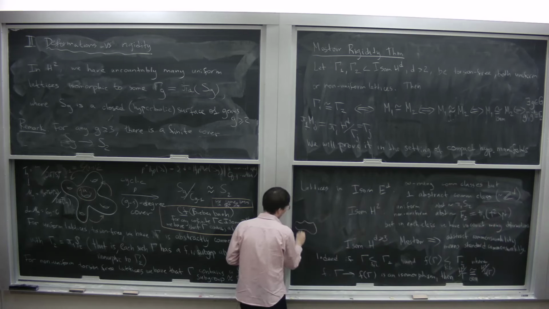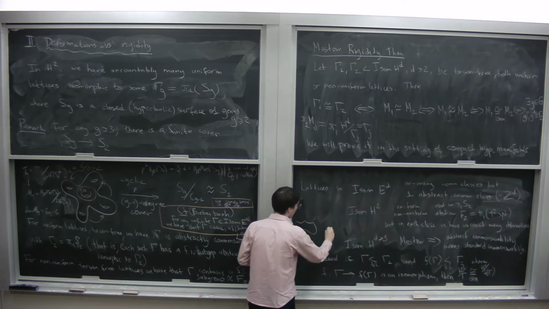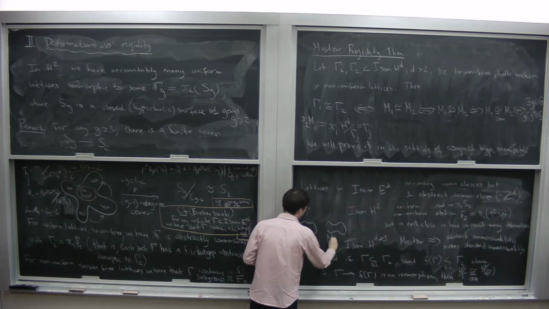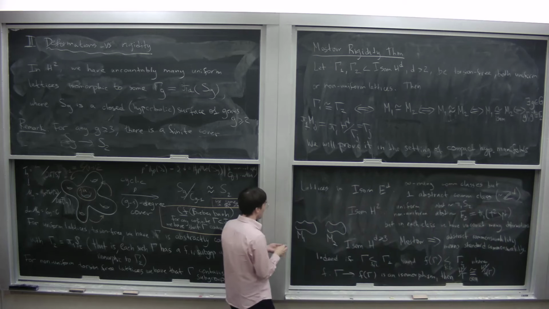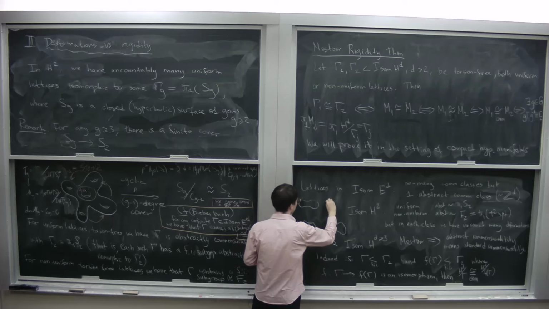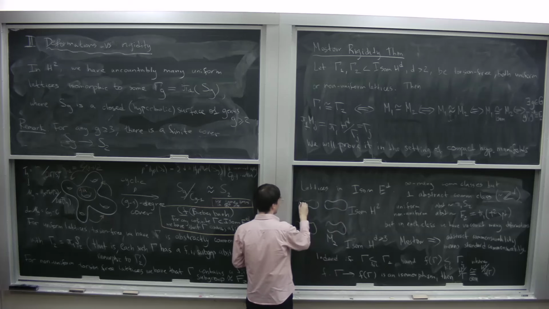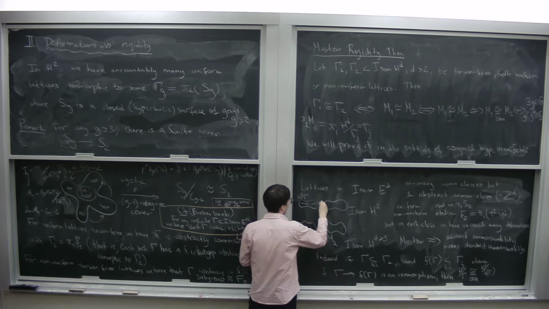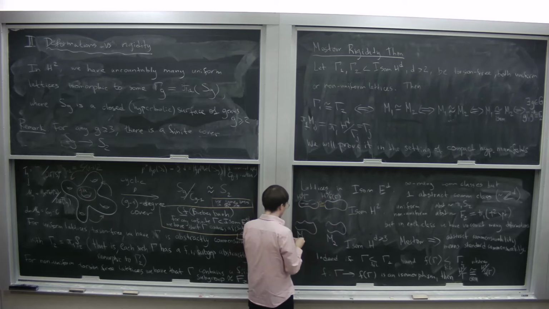So I have M1, and I have M2, and here I have H^d mod gamma, which is isometric to H^d mod f of gamma.